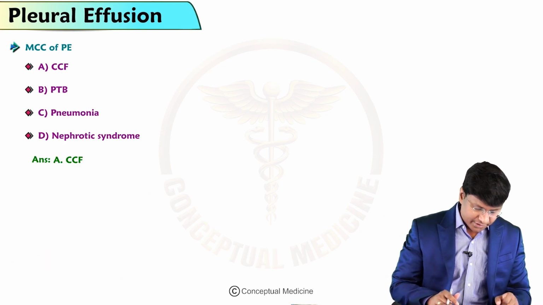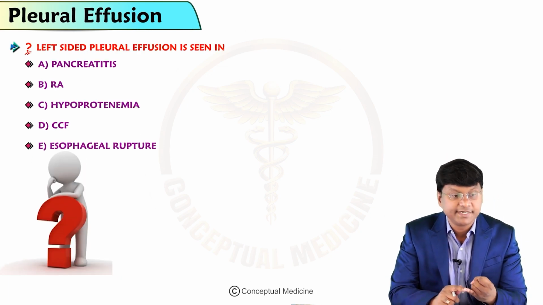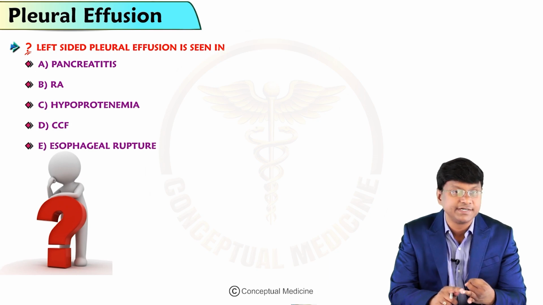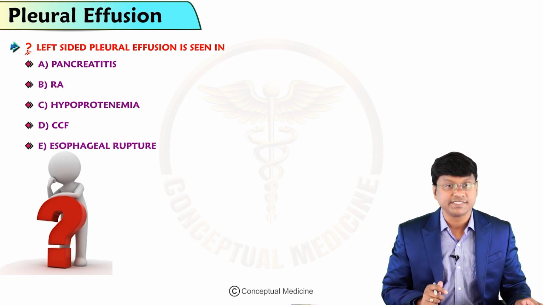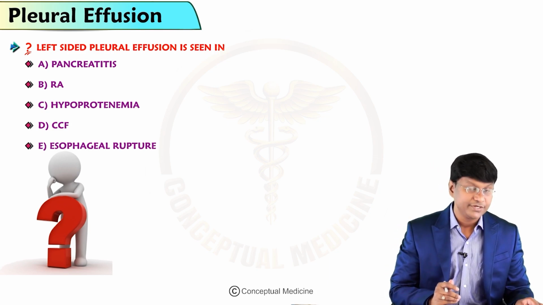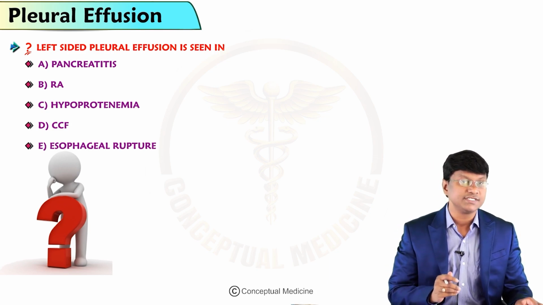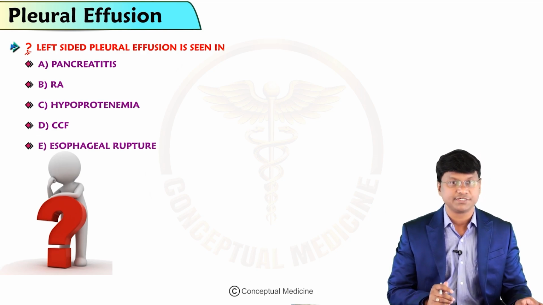Another important question is, what are the causes for left-sided and right-sided pleural effusion? The question can be asked in the following manner: left-sided pleural effusion is seen in pancreatitis, rheumatoid arthritis, hypoproteinemia, congestive cardiac failure, esophageal rupture.